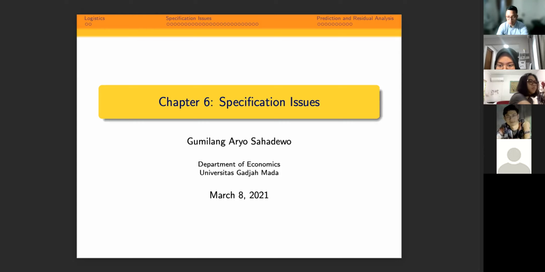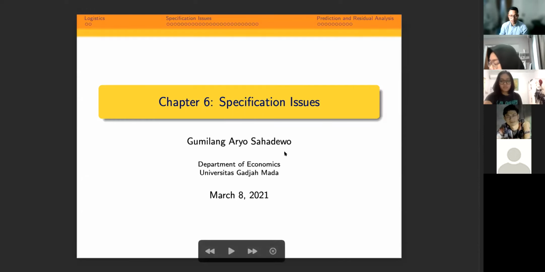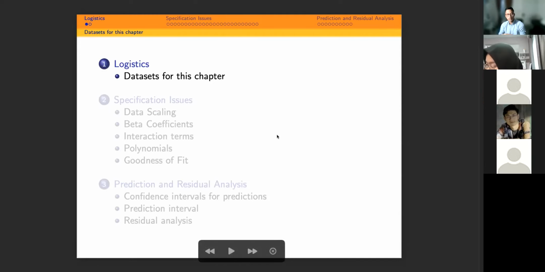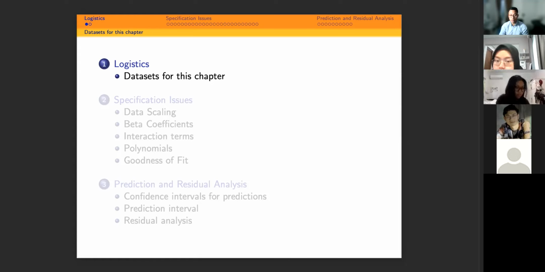We're going to go through Stata examples as well, because I think it's good for everyone to know the technical implementation of the concepts using data. So I will start today's lecture on specification issues. The outline for today is that we're going to discuss data scaling, beta coefficients, interaction terms, polynomials and goodness of fit.